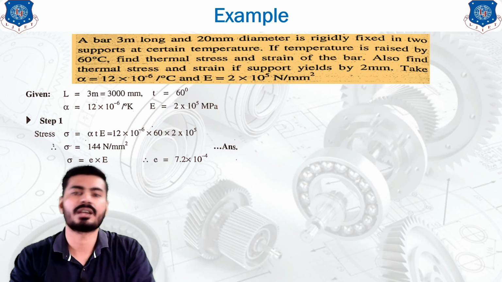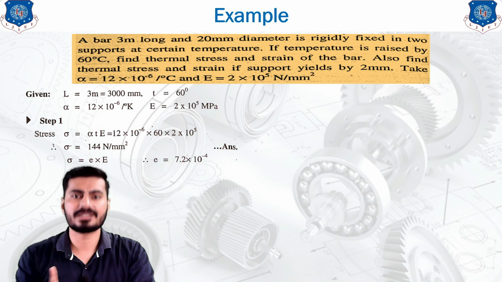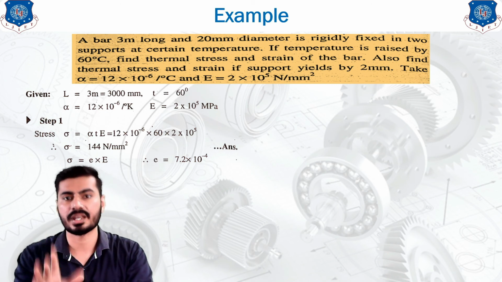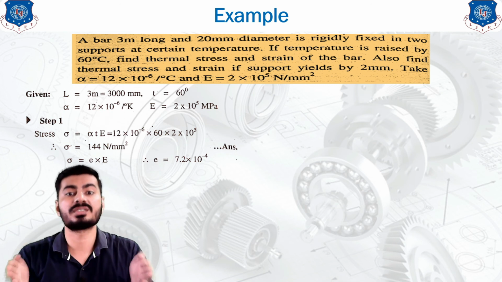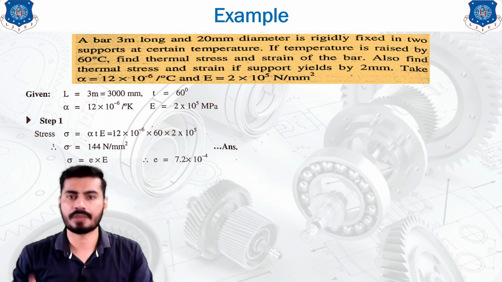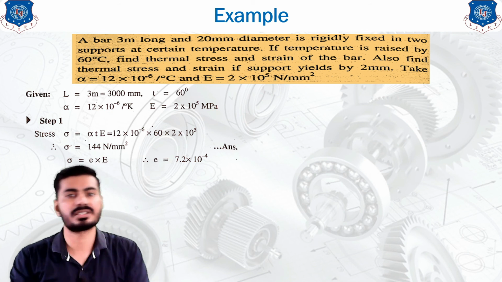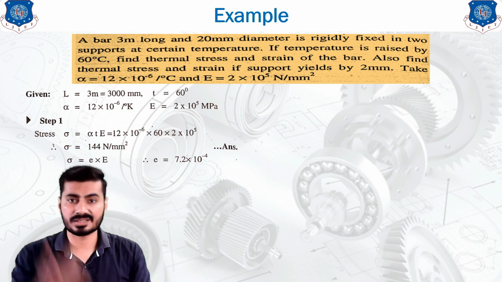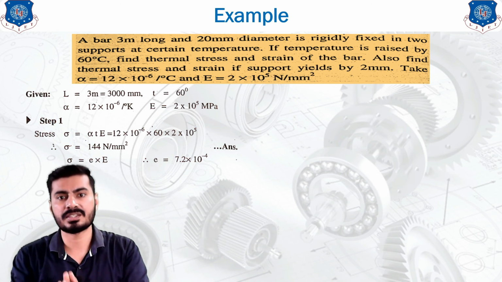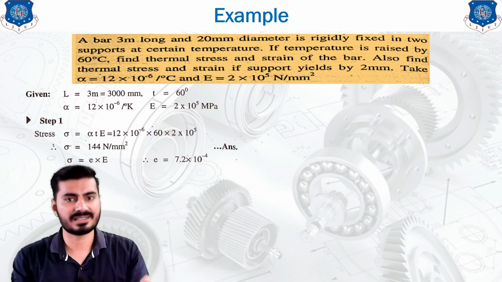Now we will start our first step. In the first case, they have asked to find the thermal stress and strain where both supports are fixed. There is no yielding, no gap is provided, both supports are fixed, and now you have to calculate the stress. For that we have the basic formula of stress.